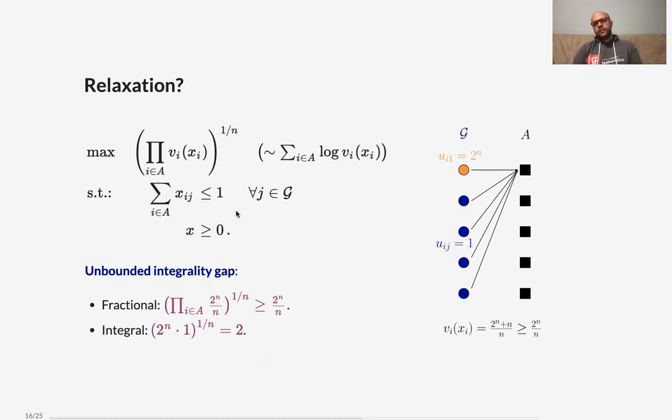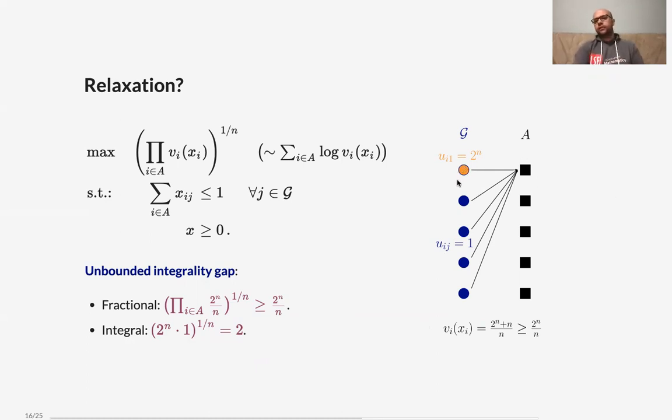But the immediate issue is that the relaxation has unbounded integrality gap. And let me just try to illustrate why. We could have some set of goods and one really desirable good that has super high value for everybody, and all the rest of the goods are worth almost nothing. And all the agents are the same.